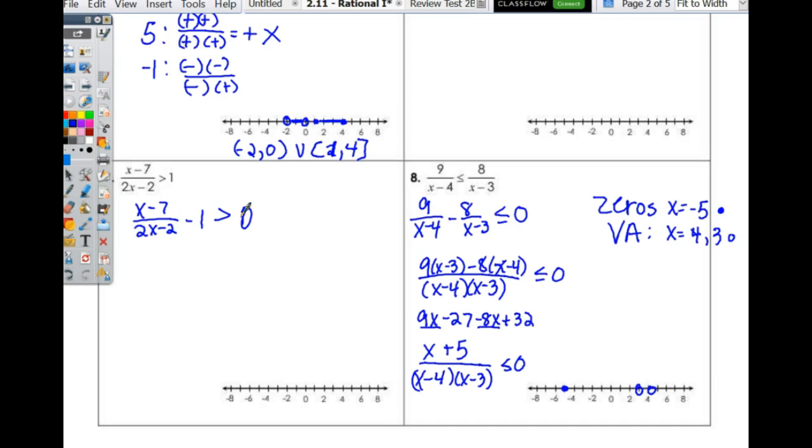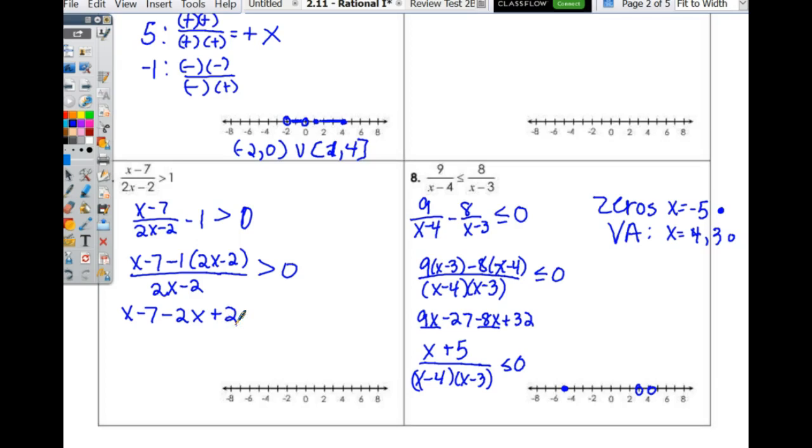Okay, now we have to do the common denominator. Right? I just took the -1 and we crossed. I put it over a common denominator. Okay? So I'm going to distribute the -1. I distributed the -1.